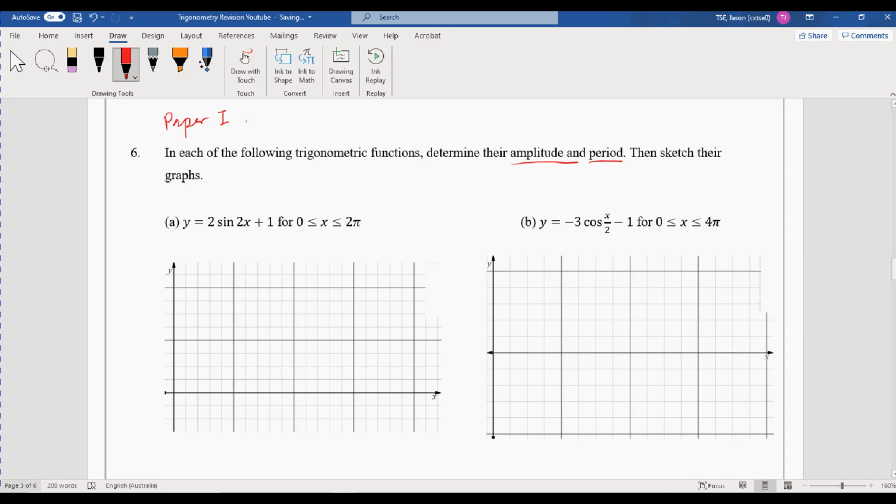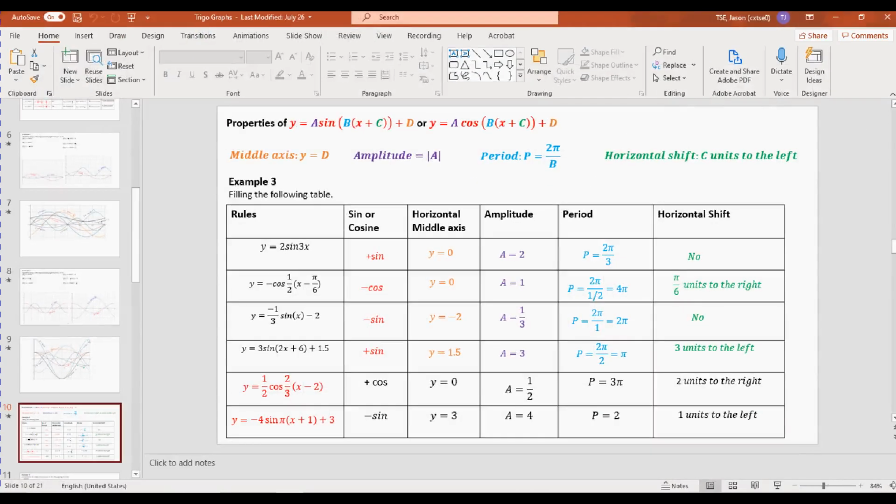If you want to have a bit of revision, you can go back to the PowerPoints. That's example 3 of our trigonometry graphs handouts. This one will show you what we mean by the middle line, amplitude, period, and horizontal shift.